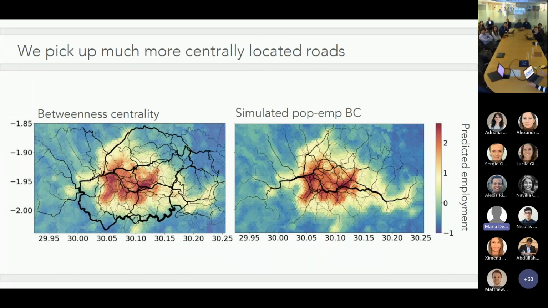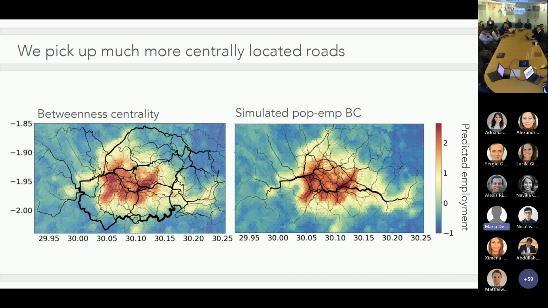For the conventional betweenness centrality metric, we see that these peripheral roads that almost avoid the employment centers in the middle, or the city center, are weighted more and are more traveled on, whereas in our simulation, we pick up the more centrally located streets that go into the heart of the city, and which bring in movement from the outskirts into the city center.